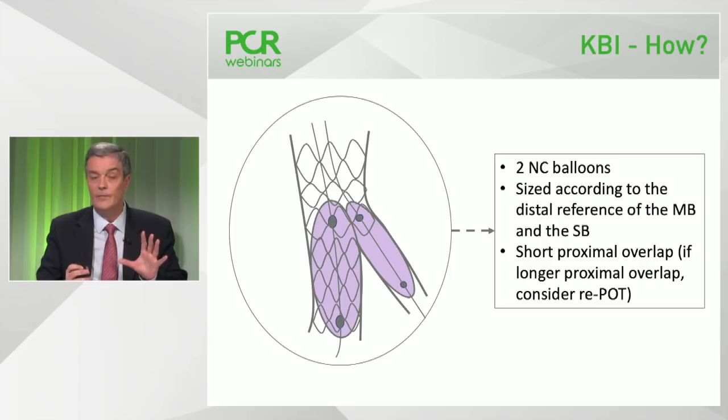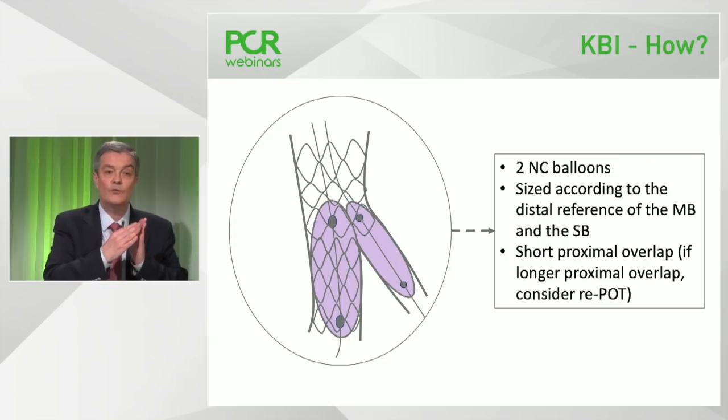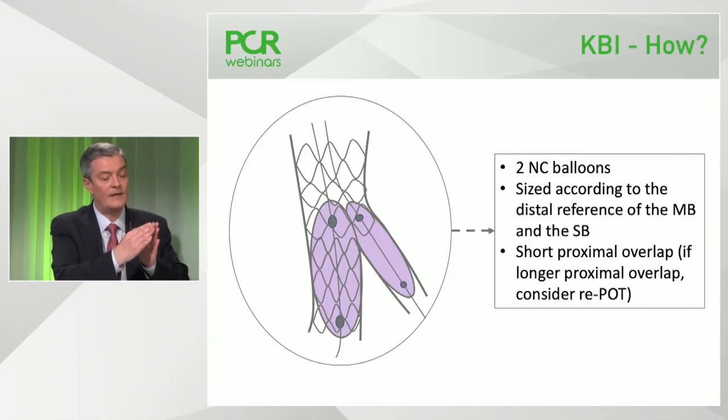Position is also very important, and that's why we select short balloons. We should try to have a short overlap proximally. We should try to stay in the bifurcation polygon of confluence. Actually, in that segment, we have the largest diameter, and the damage created by overlapping balloons is the smallest.